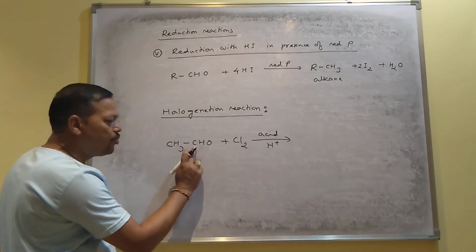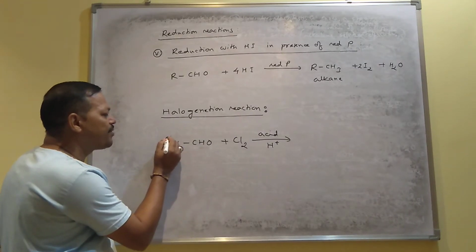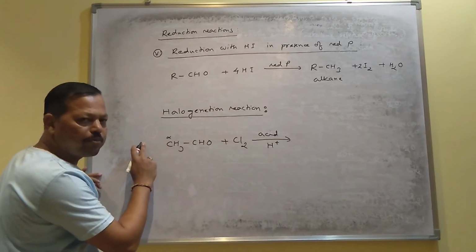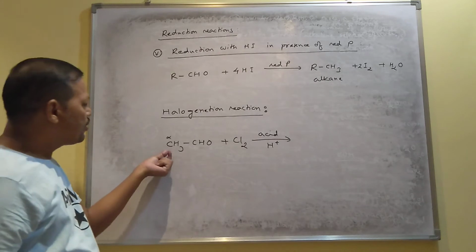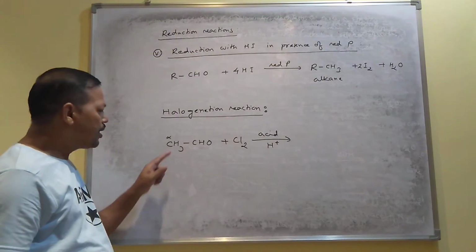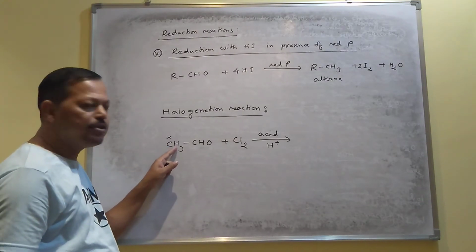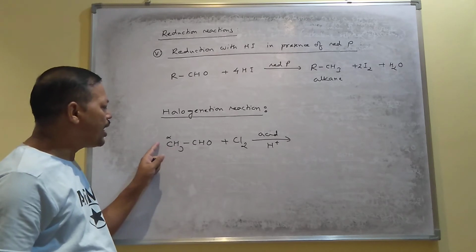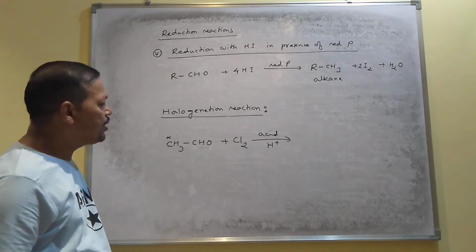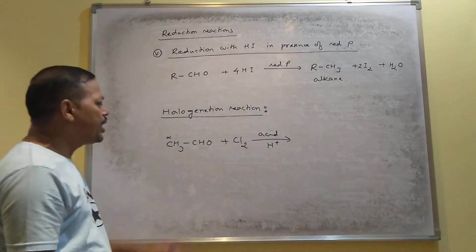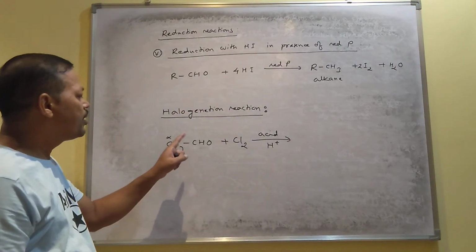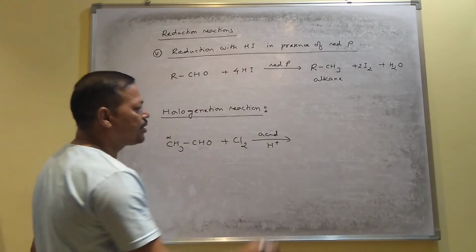From the functional group, the next carbon is called alpha carbon, next carbon is called beta, next carbon is called gamma carbon like that. So here alpha carbon is present and these hydrogens are called alpha hydrogen. I mean the hydrogen which is joined with alpha carbon, they are called alpha hydrogen. When you apply halogen in presence of acid, then the alpha hydrogen will be replaced by your halogen.